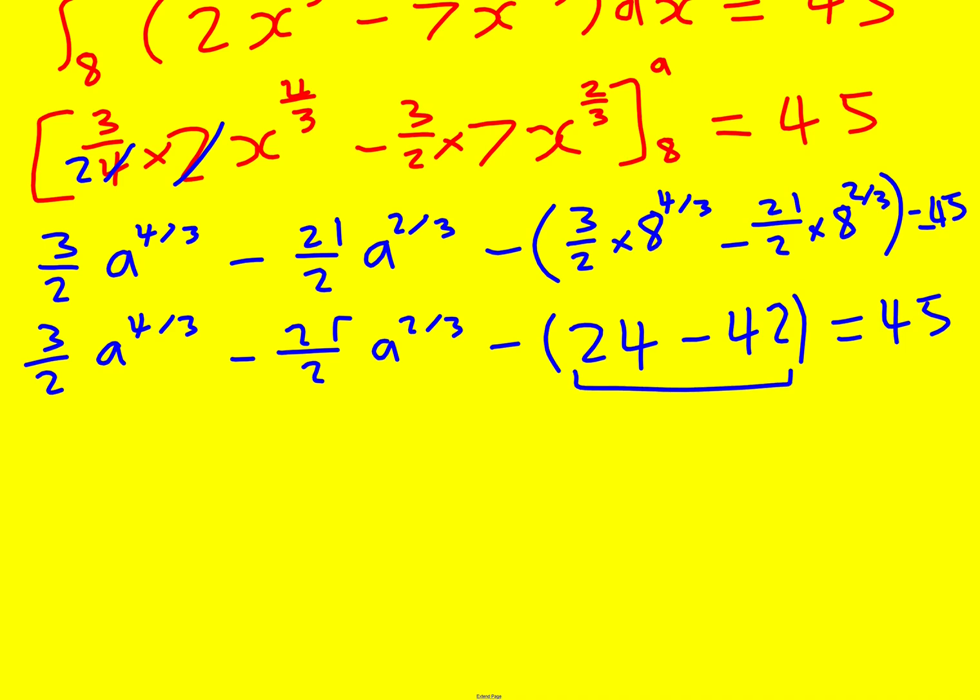This thing here is, what's that equal to? That is equal to 18, minus 18 rather, so I'm going to put minus 18 here, and then I'm going to get, okay, don't do too much at once, 3 over 2, a to the 4 over 3.